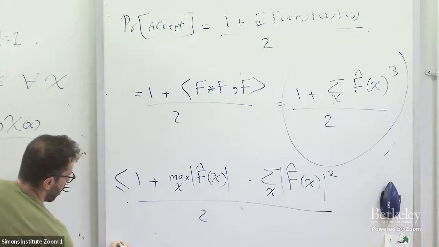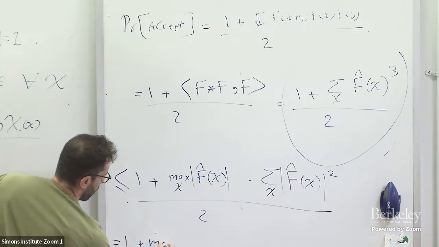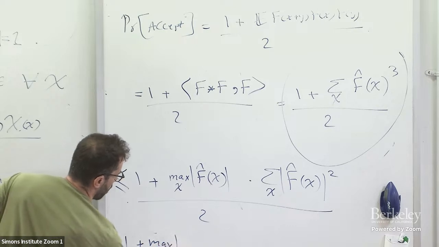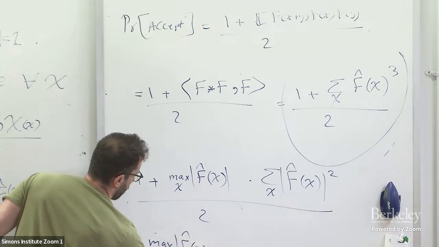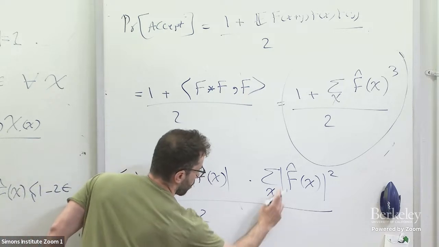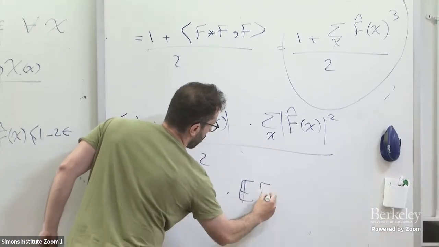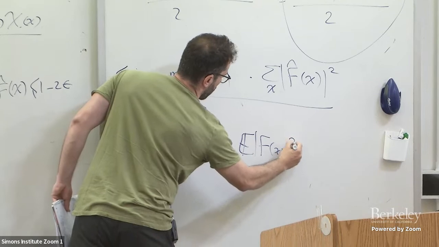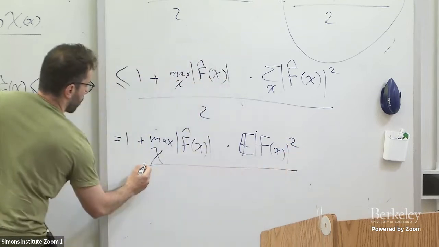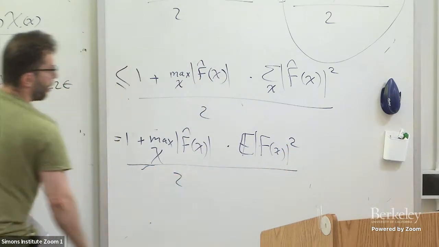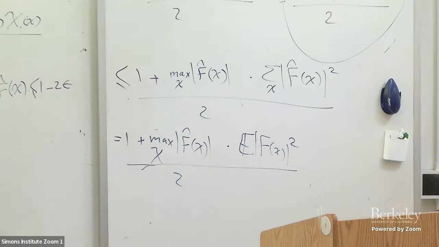So this is actually 1 plus the maximum times the expected value of f of x squared, whole thing divided by 2. Now f takes only values 1 and -1, so this term is actually 1.